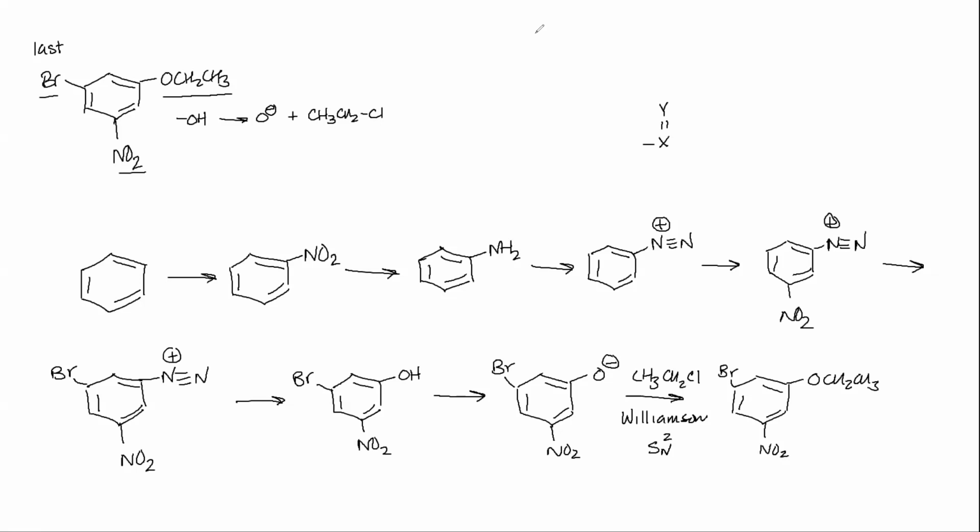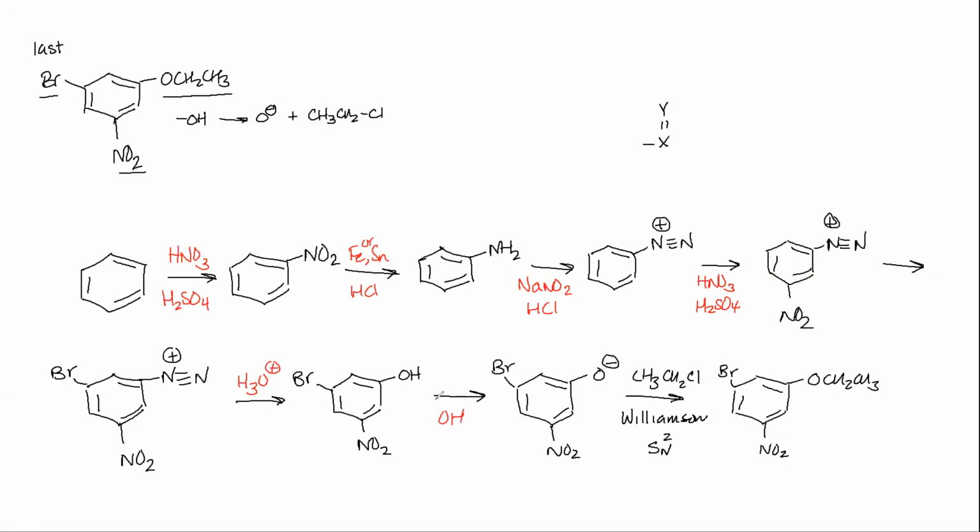So you would go back in and say, okay, I'm going to use nitric and sulfuric acid for the first step, Fe, tin, or tin, HCl for the second step, NaNO2, HCl for the third, another nitric acid, sulfuric acid, the H3O plus.